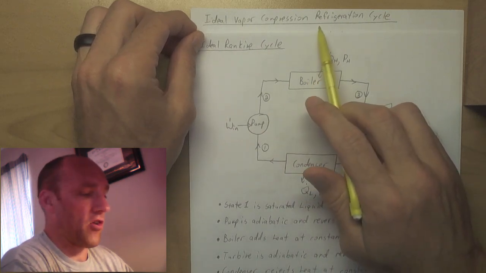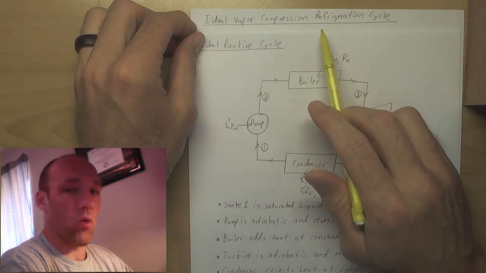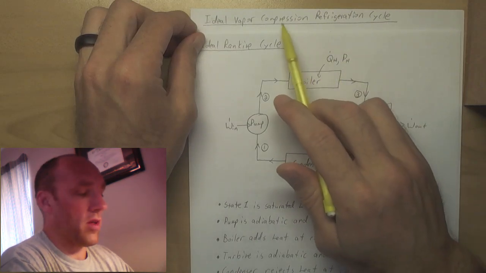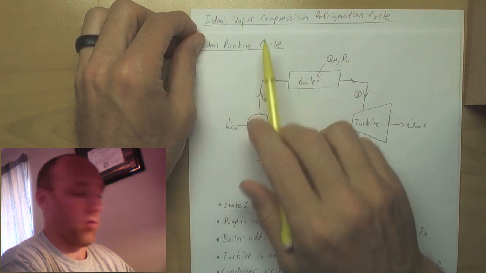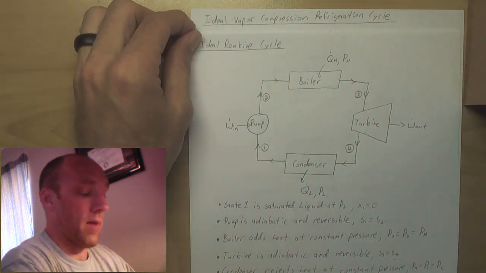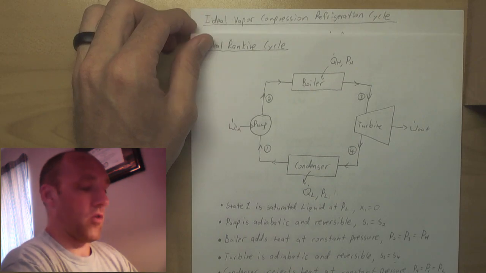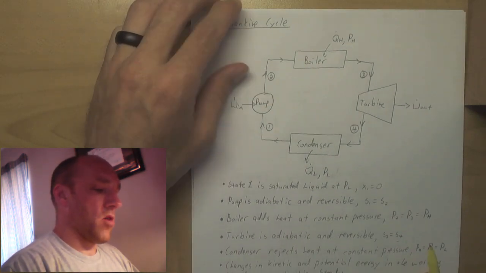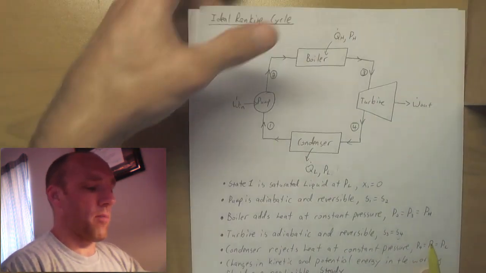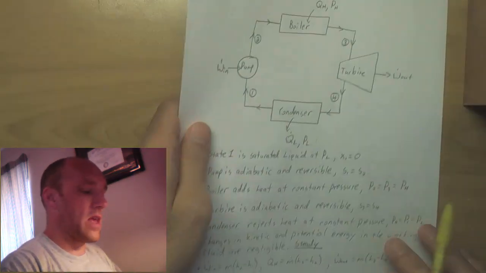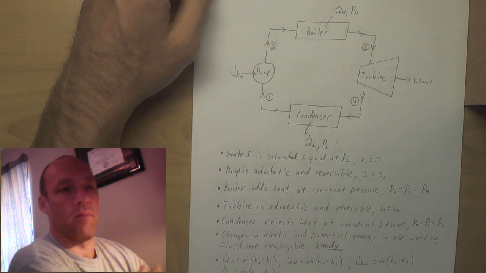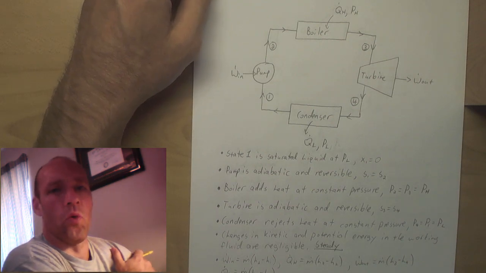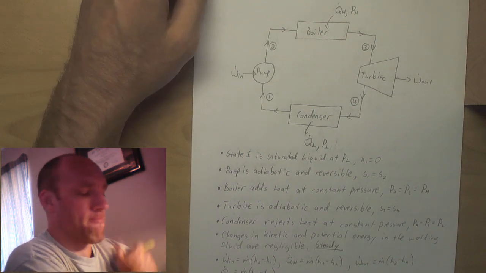Like the air conditioner in your car operates on a cycle that very closely resembles the ideal vapor compression refrigeration cycle. All right, so I'm just going to basically introduce the two cycles and then flesh it out through a series of examples. Okay.